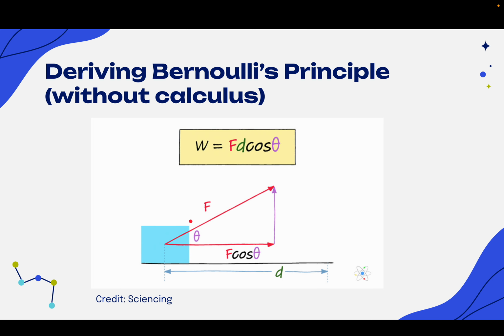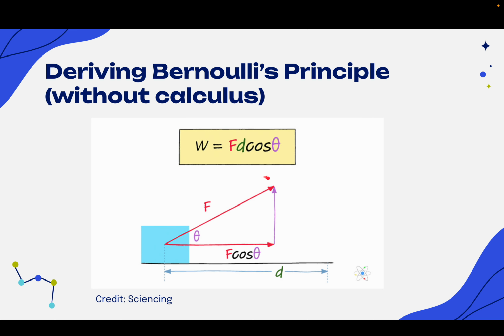So more about work. Work is basically the product of the force that is parallel to the object's movement. As you can see, the object is moving parallel to the ground here.